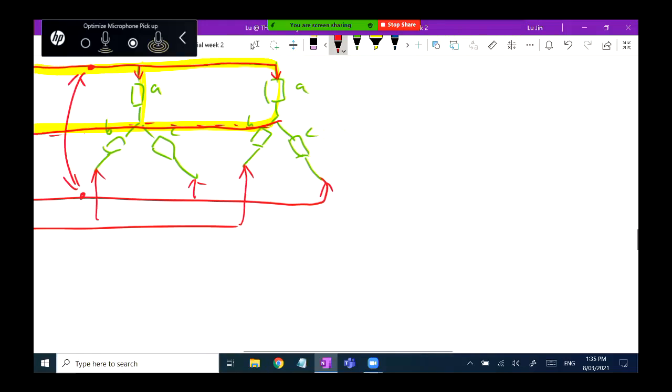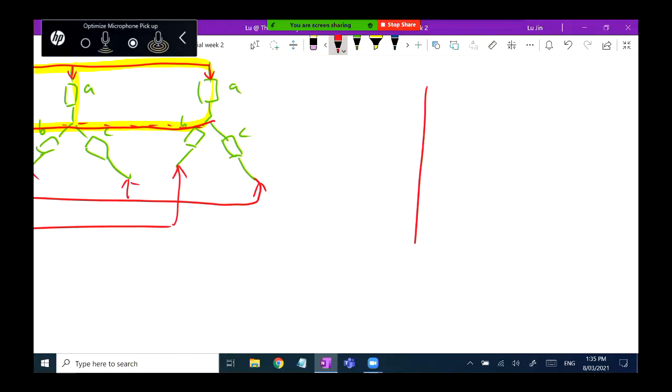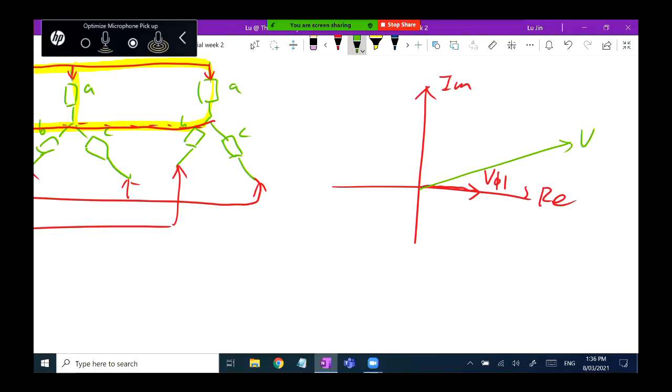Remember last week we mentioned, okay, I draw it quickly, okay? So in the complex plane, for a balanced Y connection load, balanced Y pattern, okay? If we say this is the phase 1 voltage, where is the line-to-line voltage? Line-to-line voltage will be stronger and leading. Make sense?